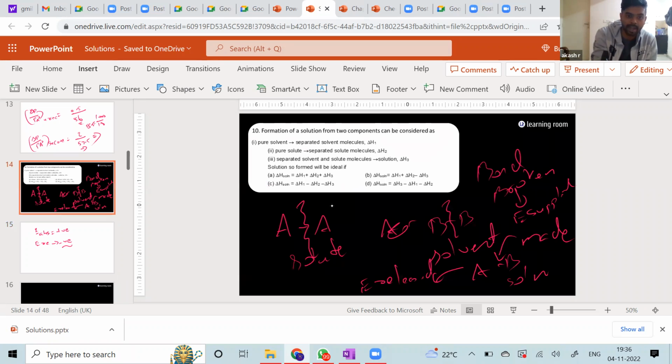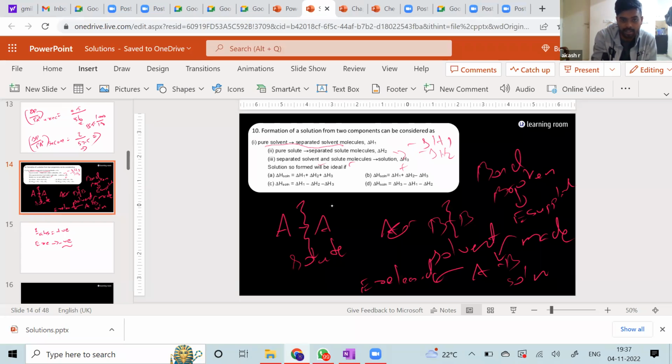Now, the pure solvent getting separated is nothing but breaking the interaction, delta H1. So can I say this is minus delta H1? In the same way, pure solute to separate solute molecules, can I say this is minus delta H2? Whereas when you form the interaction between solute and solvent, this is going to be a positive value.